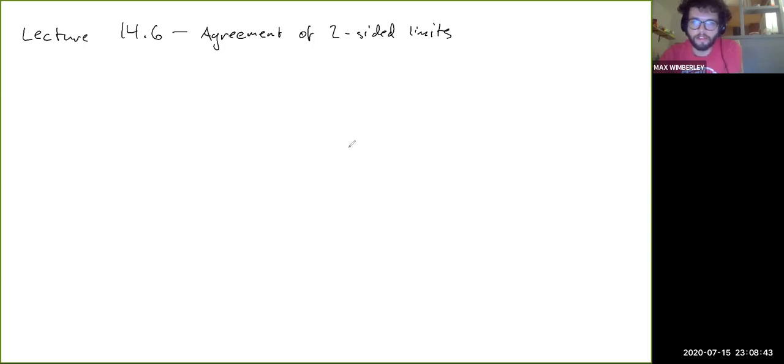Okay, so in the last section here, I'm just going to prove a quick little theorem about how, if the two one-sided limits of f at a point, a finite number on the x-axis, agree, then the two-sided limit exists and is the same as the two one-sided limits.